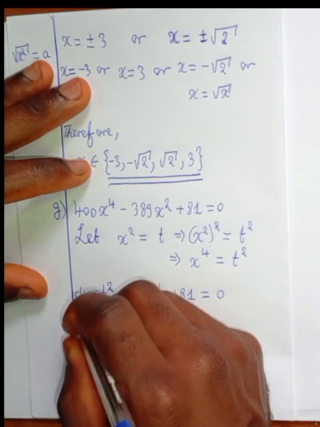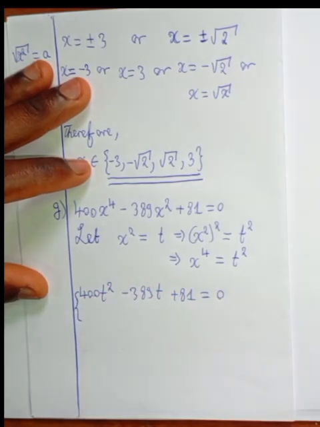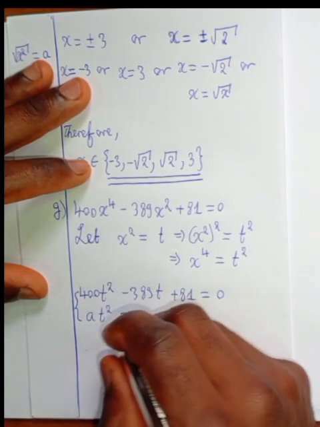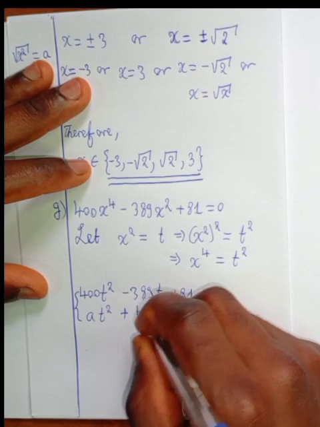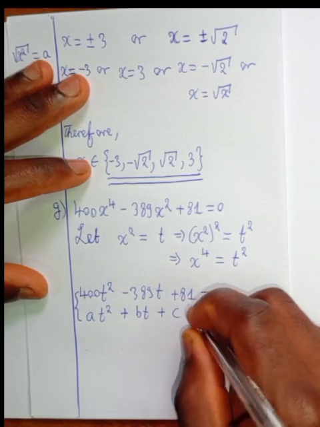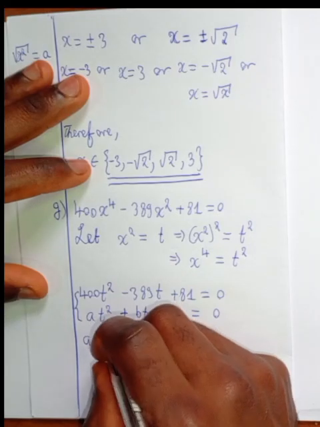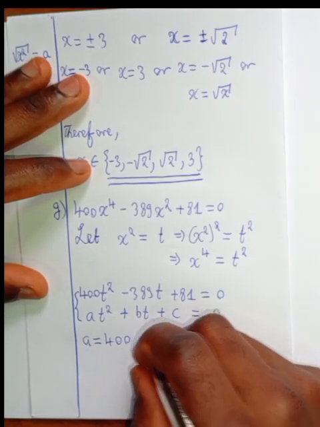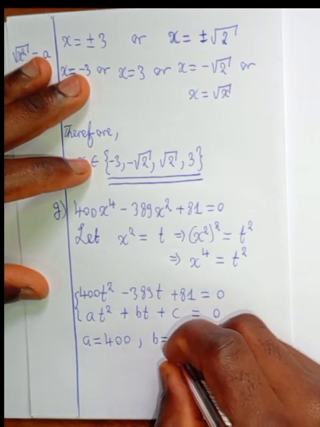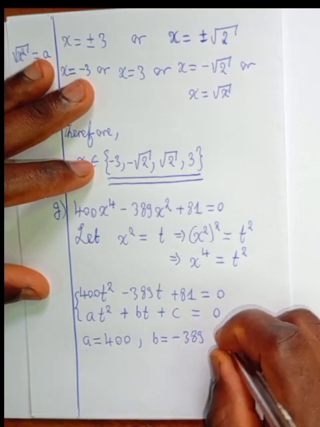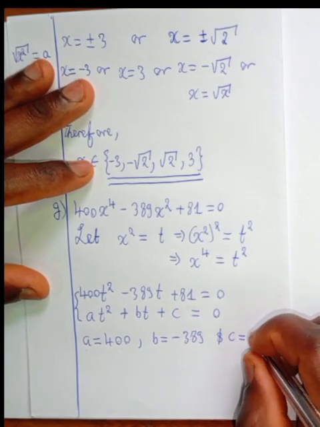We are going to compare this quadratic equation with the general form of the quadratic equation, a t squared, because here the variable is t, plus bt plus c equal to 0. This will give us a to be equal to 400, b to be equal to negative 389, and c will be equal to 81.